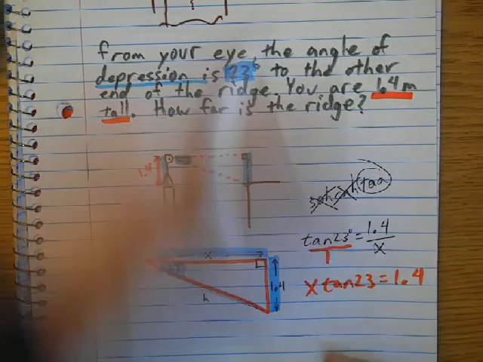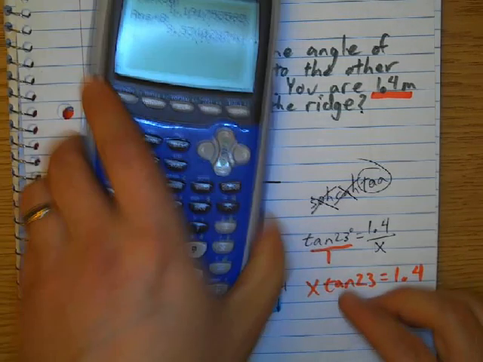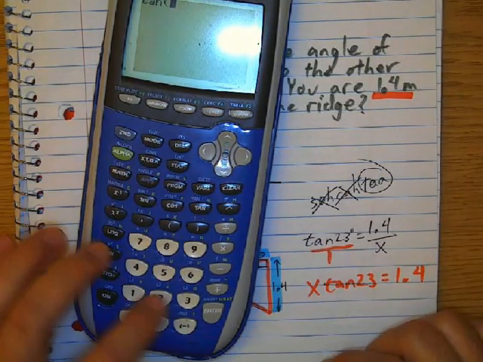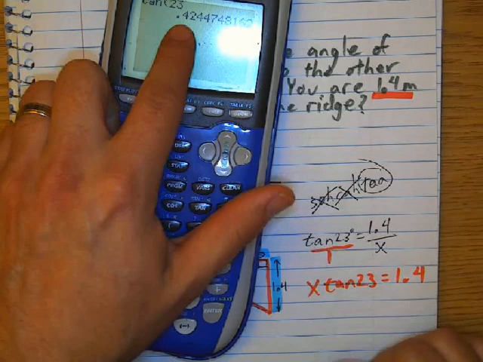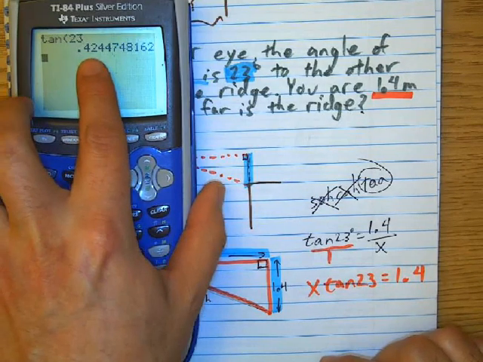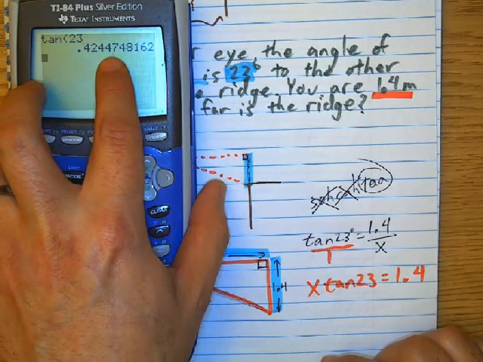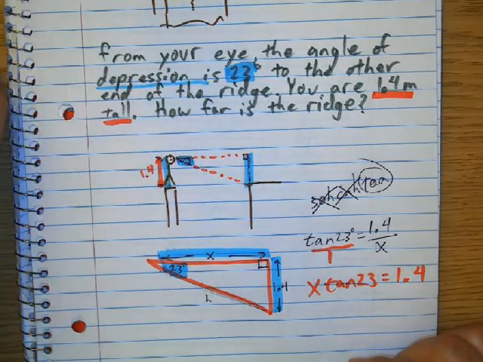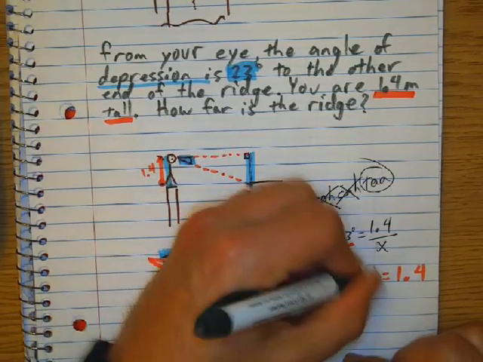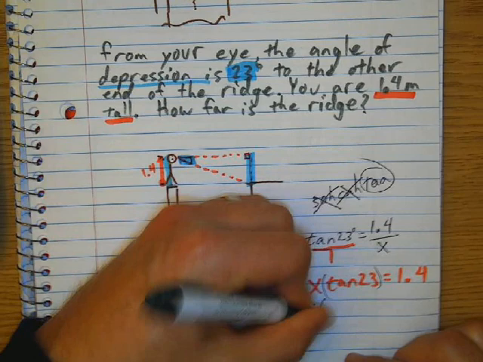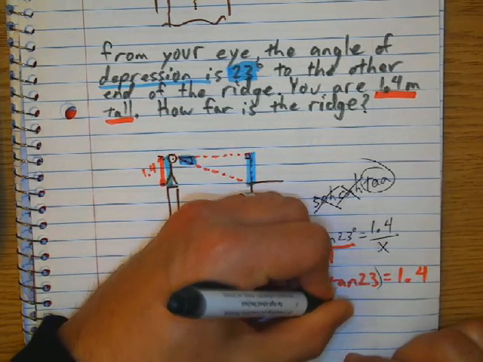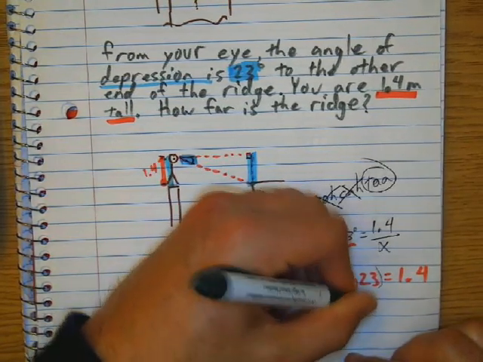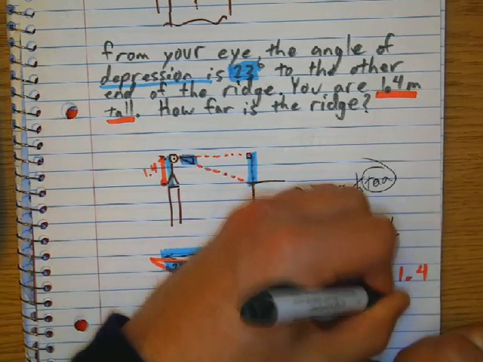Okay, so I'm going to do tangent 23 on my calculator, and I get 0.4245. So I have x times 0.4245 equals 1.4.